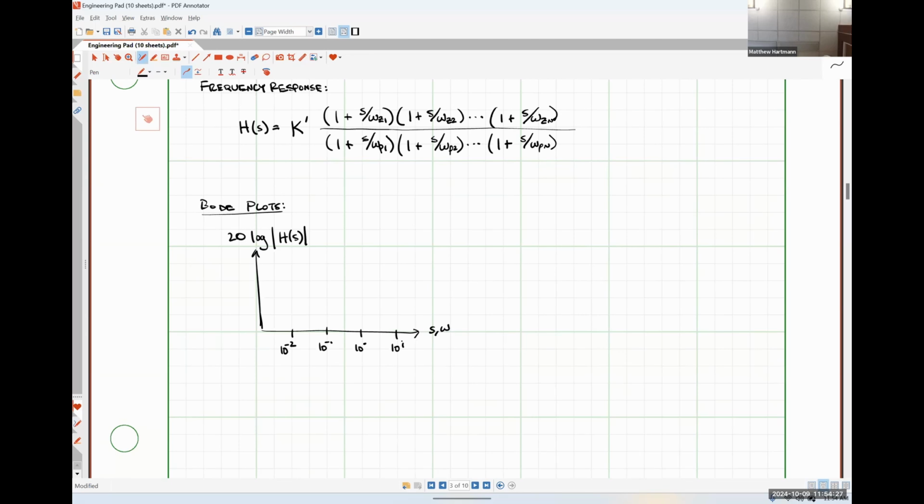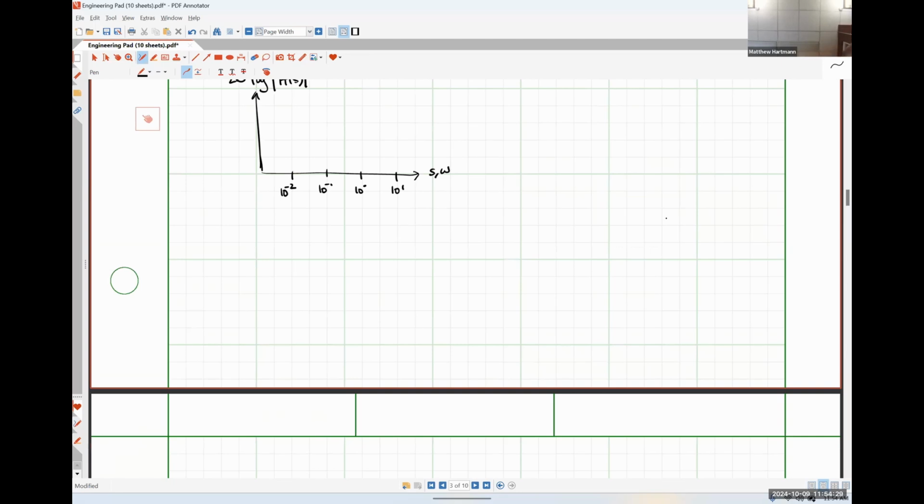Let's start by looking at a zero at the origin. No, I meant pole at the origin.